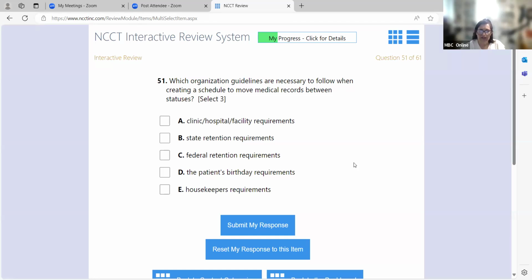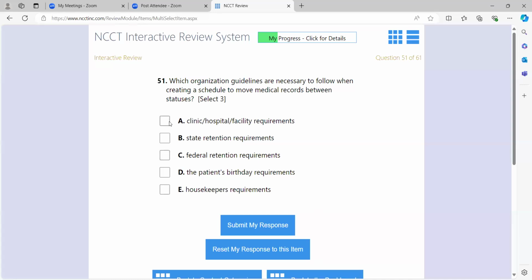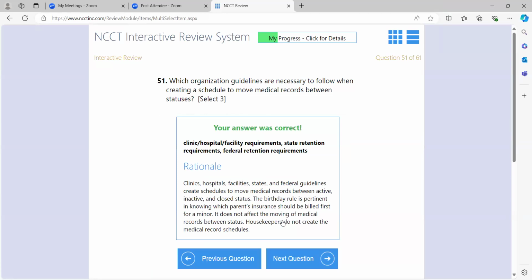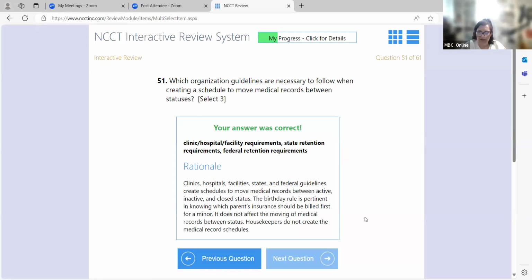So what are the three guidelines that are followed? A, B, and C. I'm guessing. Let's check. Correct. Housekeepers, and of course birthday, do not have anything to do with keeping records.